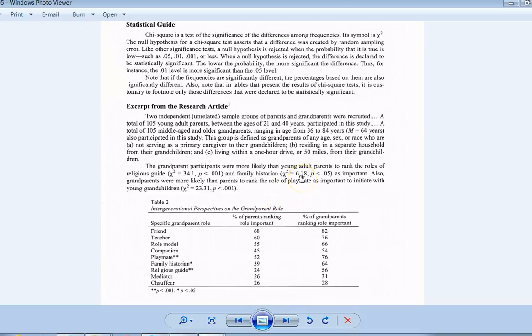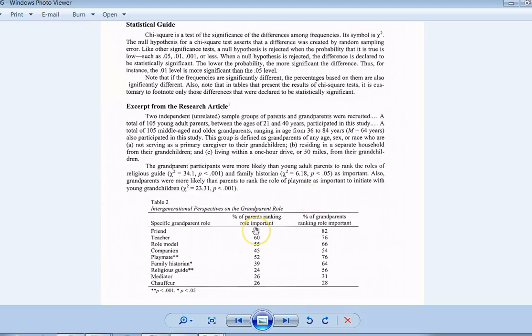So you know that the criterion chi-square was lower than that. It had to be, otherwise it would not have been significant. So right there doesn't really tell you anything, except that we know it was significant.